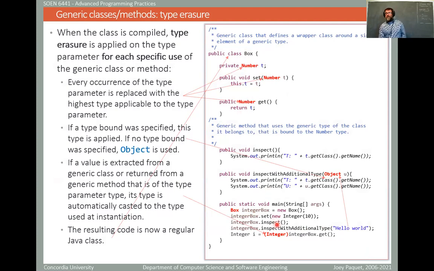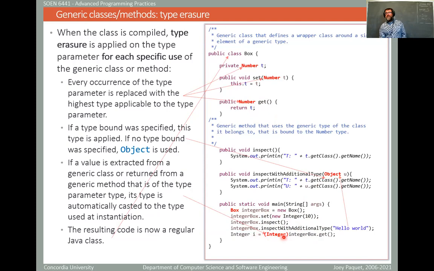Then when you're actually calling these member functions, which are parameterized, it needs to do a type transformation, a typecast, into the type that is actually being used at runtime. So here the get function is returning a Number, but you want to put this Number into an Integer variable.